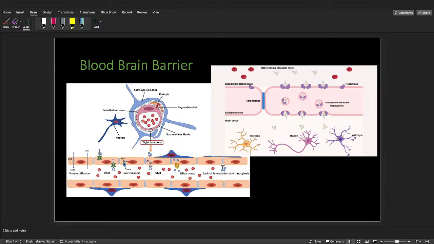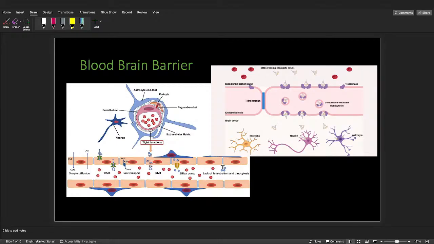If you take this whole thing and make it into a round shape, you could see how this is the blood-brain barrier. The endothelium is right there. So it's just a very simple diagram.